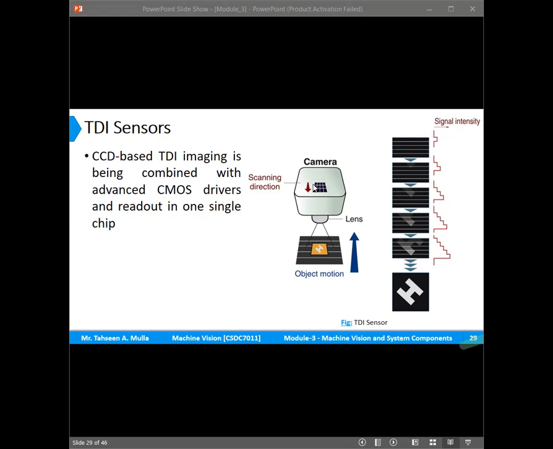Now here in TDI, we have a combination of both CCD and CMOS, right? Both sensors are used here, and you can see there's a step-by-step conversion given here. The moment I have this entire grid, in the first moment I read only this row of pixels, and you can see there's some kind of intensity of a pixel for this entire row. You can say this is a kind of histogram, which gives you the intensity of this entire image.